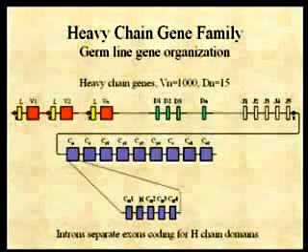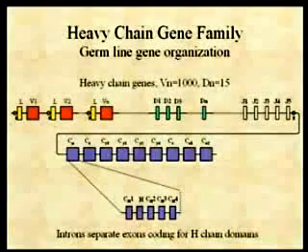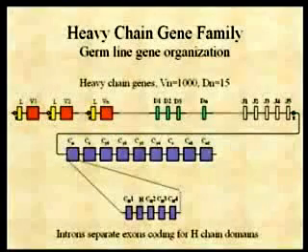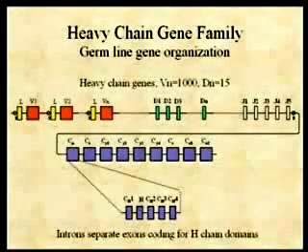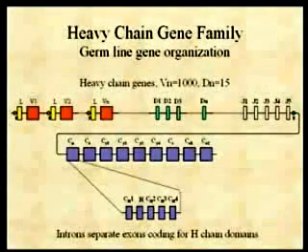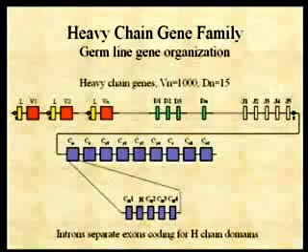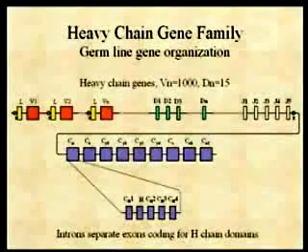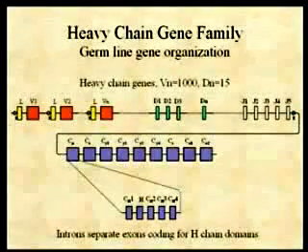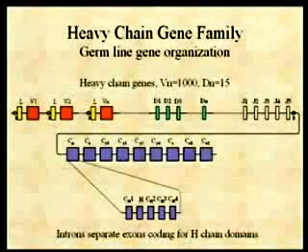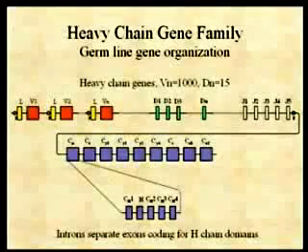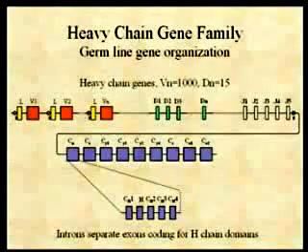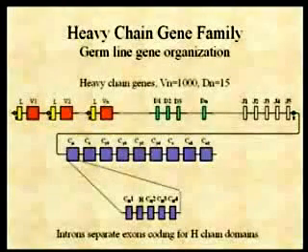There are variable region genes. And in the case of the heavy chains, the estimates are it's approximately 1,000 heavy chain variable region genes. And each of those variable region genes has a leader region associated with it. You also have J gene segments in the heavy chain gene family. They're sitting there, and there's 4 or 5 of those. But in addition to the J gene segments, there's another small segment called the D segment.